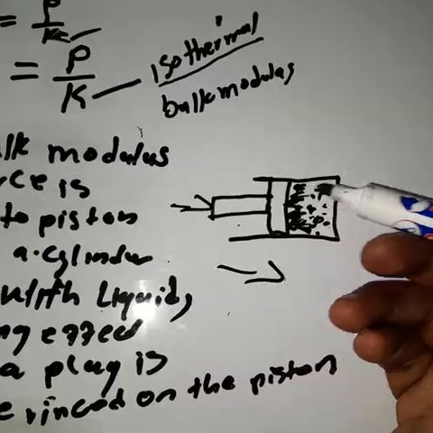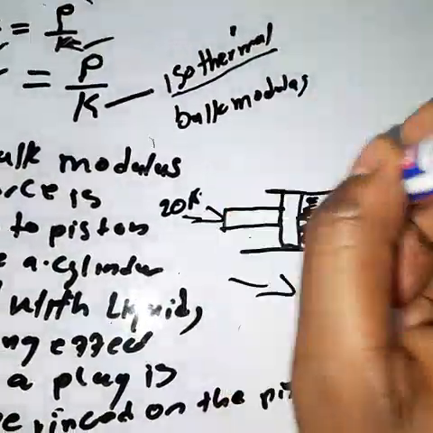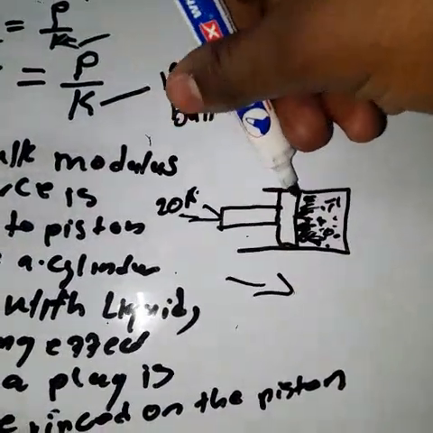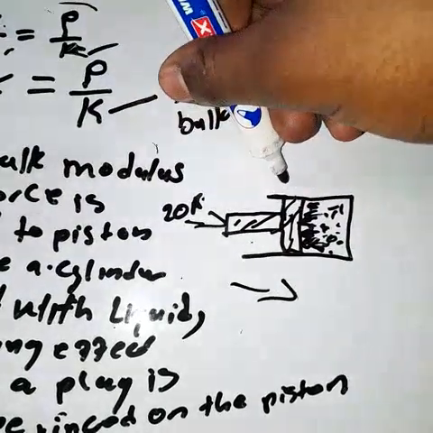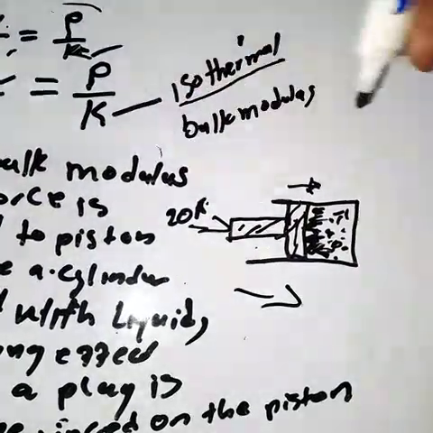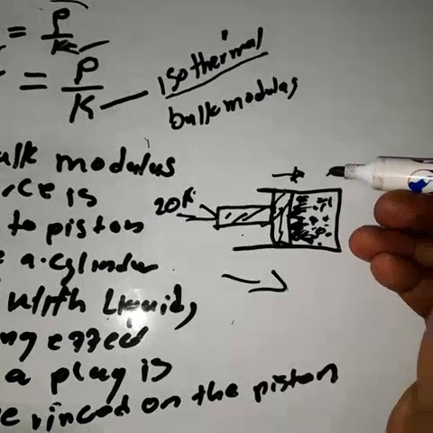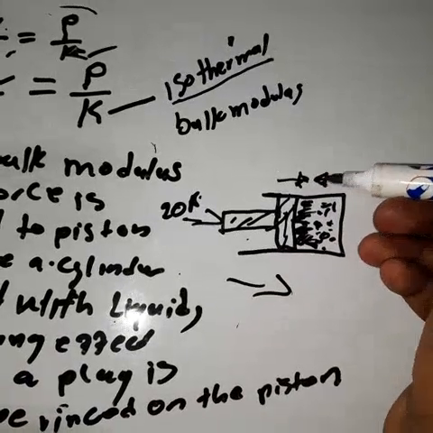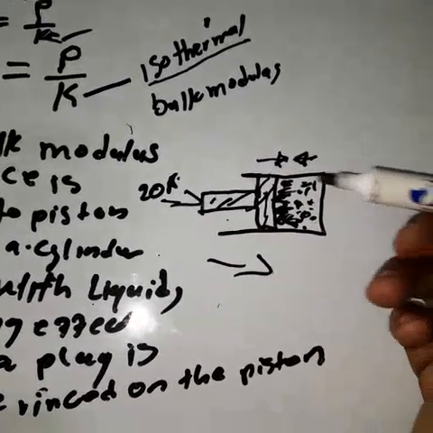This gas will also be applying force. If I apply the force here, maybe 20 newtons, it will cause this piston head to go in this direction, upwards. Also, this gas or air that is trapped here, or liquid, will apply force in the opposite direction, which is the effective bulk modulus.